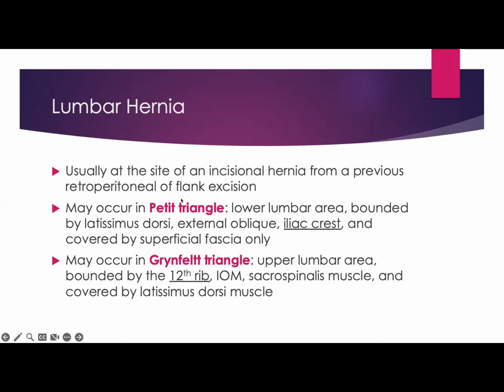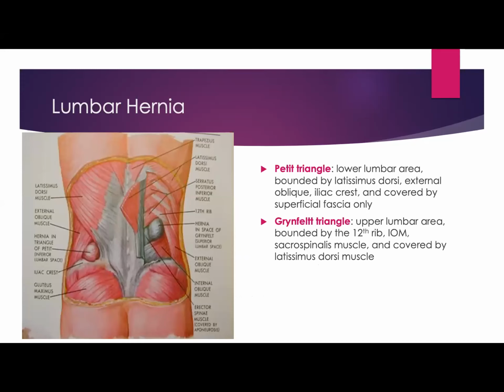These are in the posterior wall of the abdominal wall. Okay, so it's not in the anterior wall; it's in the posterior wall, as we will see. So here we have two locations: the Petit triangle, and the Grynfeltt triangle.